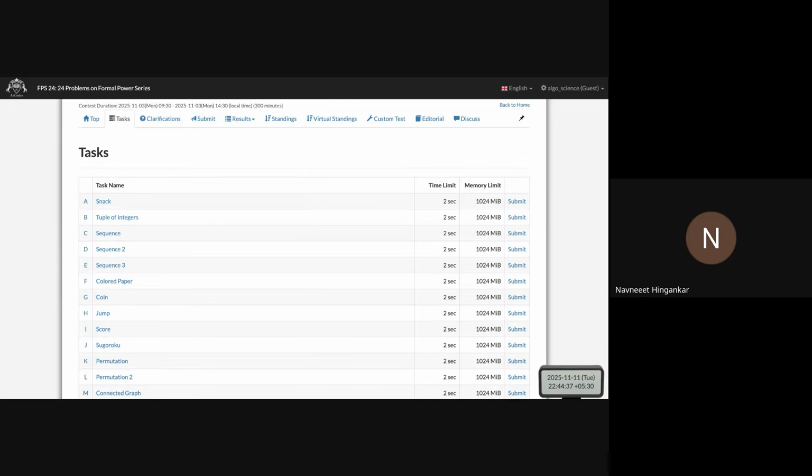Any query related to this formal power series? By the way, this is more of a practice topic. Even though I am solving math equations in front of you, you need to solve it yourself.